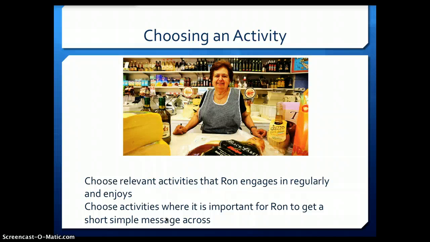We want the cards to be the most useful cards that he could have, things that he's going to be using most in his day-to-day life. Also, we'll choose activities where it's important for Ron to get a short and simple message across. So something relatively simple is the idea.